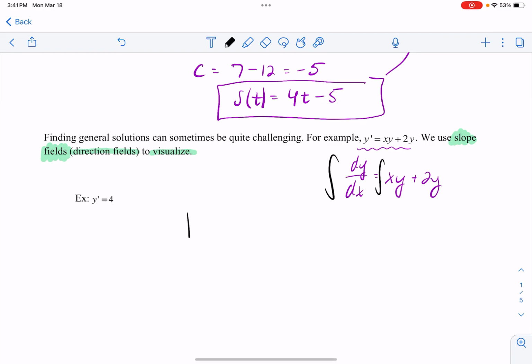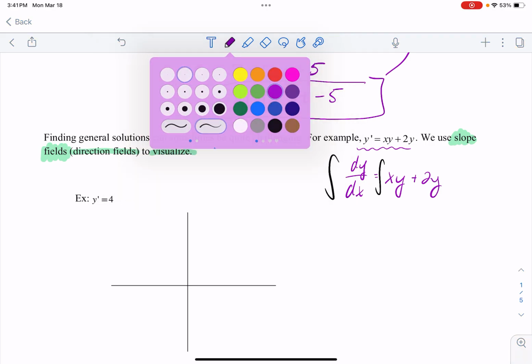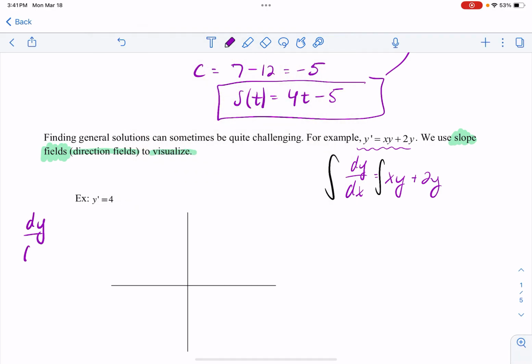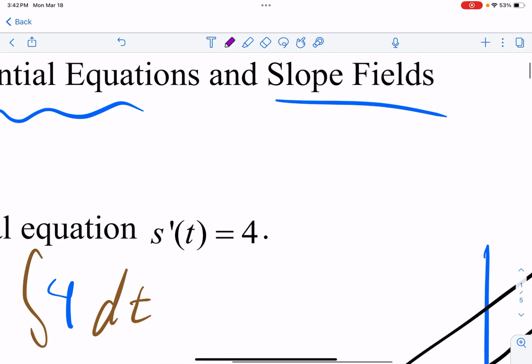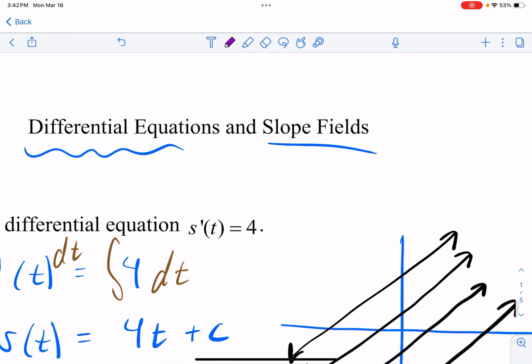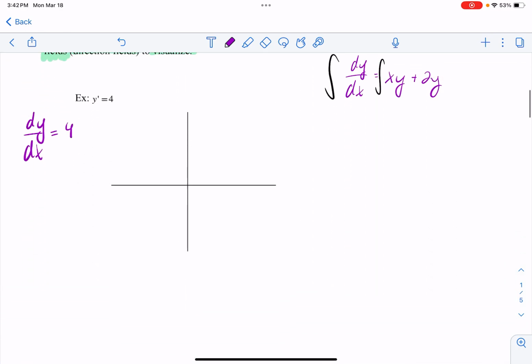So what we mean by that, we've got this graph, y prime equals 4. And remember, all that means is dy dx equals 4. So in other words, the slope is 4 at any point. And that's what we set up here when we said s prime of t equals 4. That's the same as saying the slope is 4 at any point.